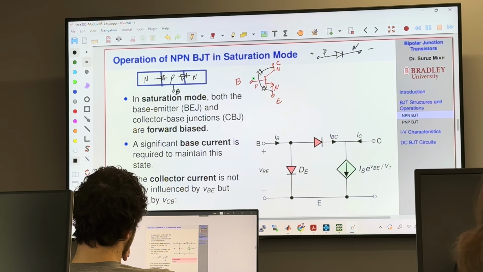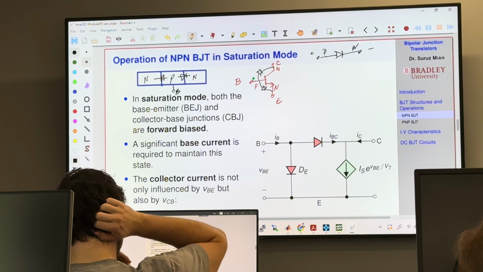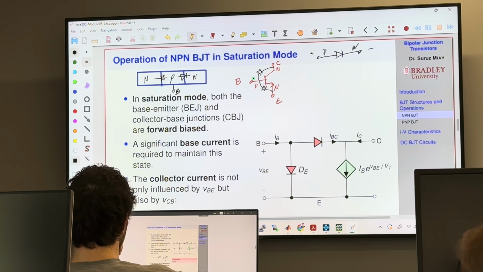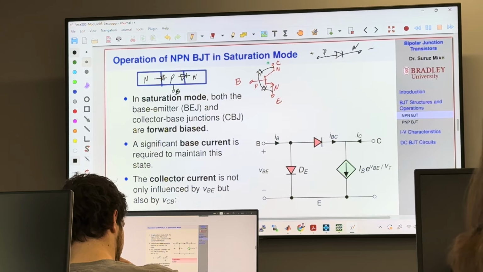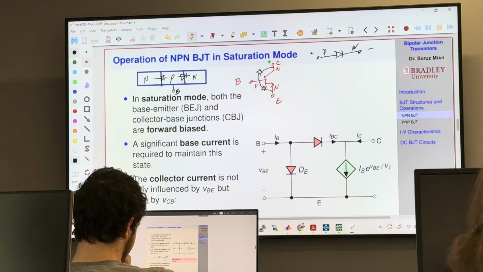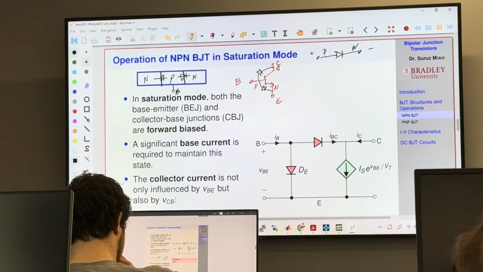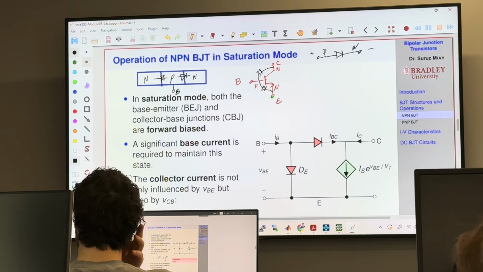But in active mode, when your transistor operates as an amplifier, the collector base junction is going to be reverse biased. Okay? So there was a question about the active mode in your exam. But in saturation mode, both the collector base junction and the base emitter junction are going to be forward biased.